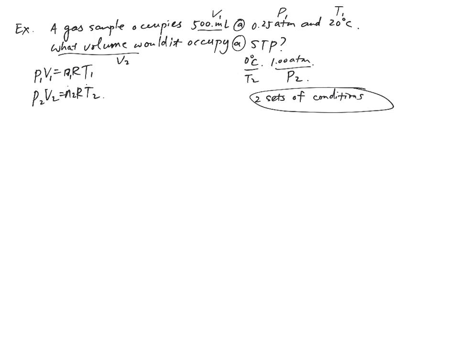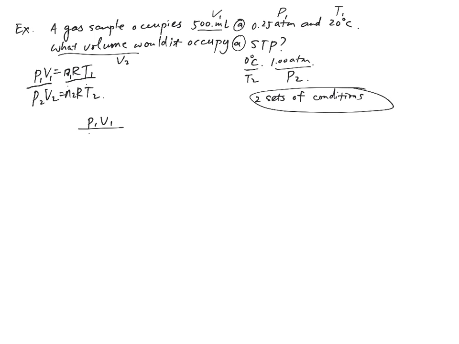Well, now both of your sets of conditions satisfy the ideal gas law independently. So both of these two equations stand, and that means if I divide the two equations left side to left side, right side to right side, they should still be equal.